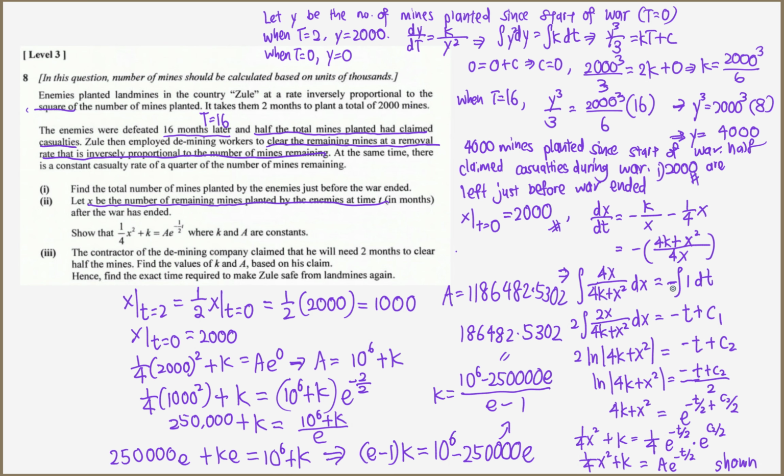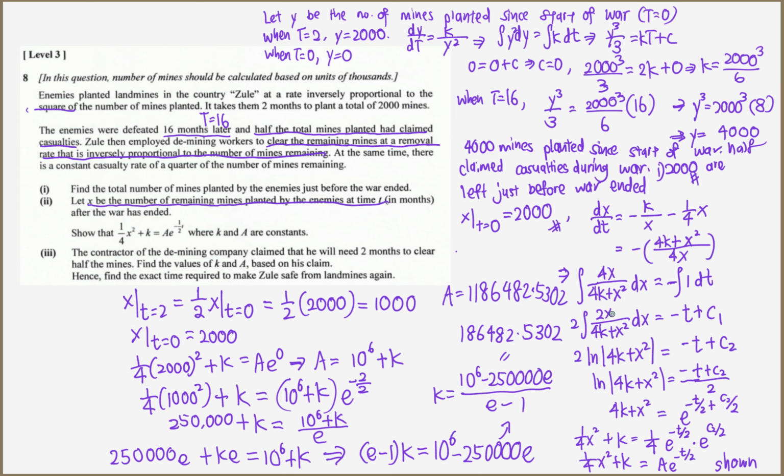On this side you can integrate 1 of dt. Then when you integrate this, we get t plus c1, where c1 is a constant, and here I just factorize out the 2, so I have 2x inside, because I want the numerator to be the derivative of the denominator, so I can apply this technique of integration.